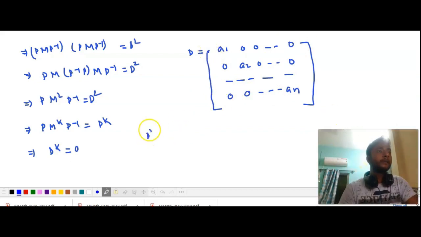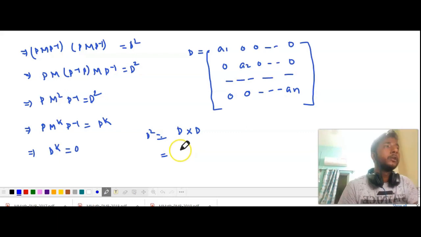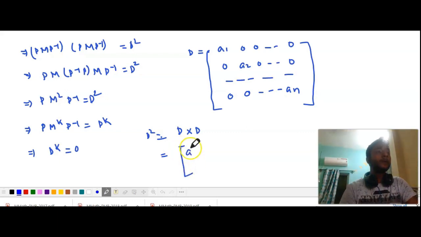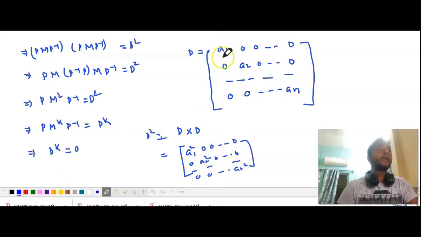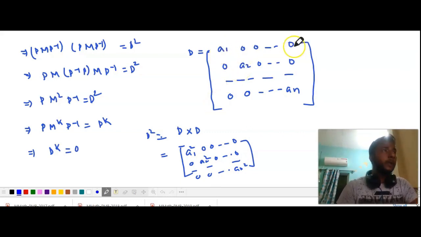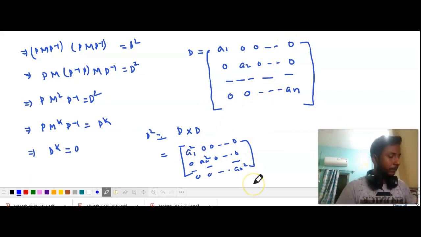D squared equals D into D. If you multiply D with D, you will get a1 squared, a2 squared, up to an squared on the diagonal and zeros elsewhere. When we multiply this row with this column, we get a1 squared. When we multiply this row with this other column, we get 0. Similarly for the other entries, right?